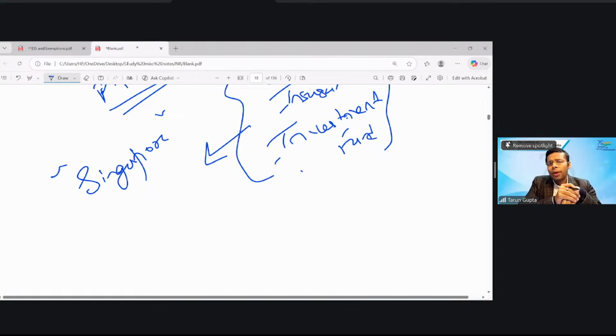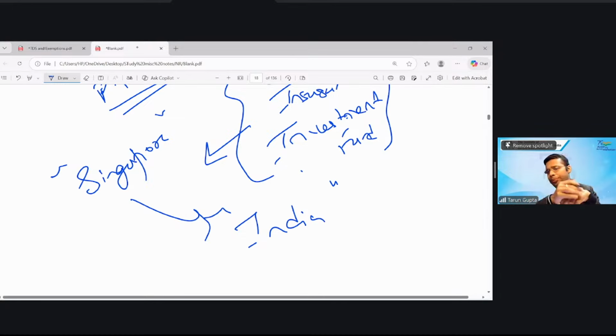And what these financial institutions used to do, their major investment was in India, because India is a very big market in Asia. Even Indian money was invested into the FIIs registered with the Singapore authority, and then invested into India as part of FII money. So the HNIs of India used to subscribe to the units of FIIs which are based out of Singapore, and these FIIs then again used to invest into Indian shares.